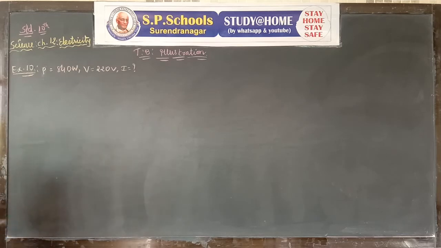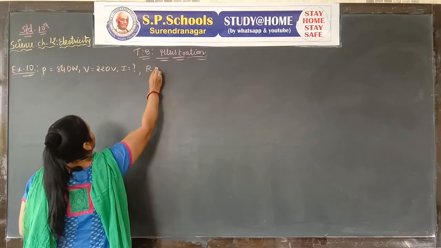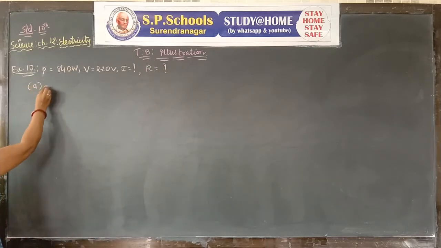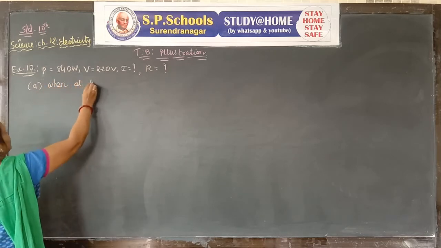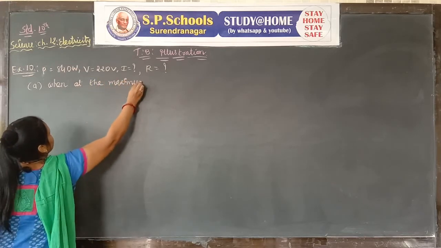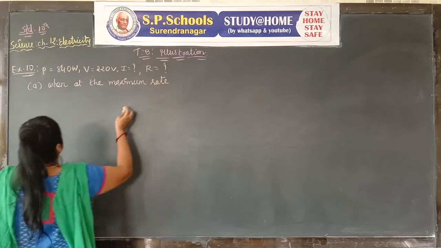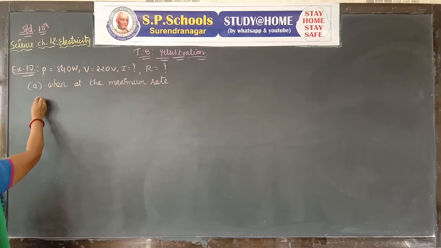When we find the current and resistance, we write first: at the maximum rate, according to the information, we have the power.